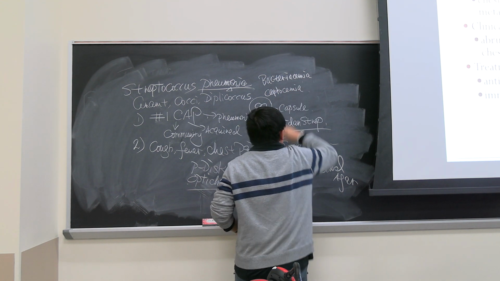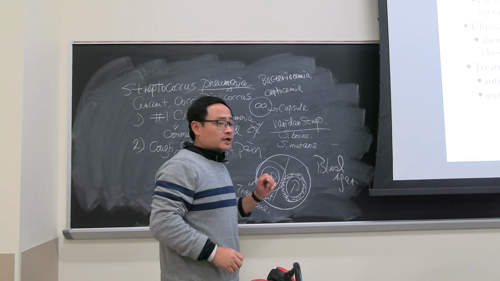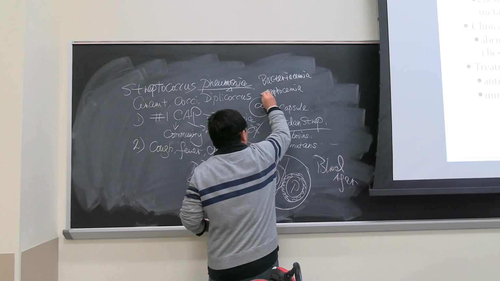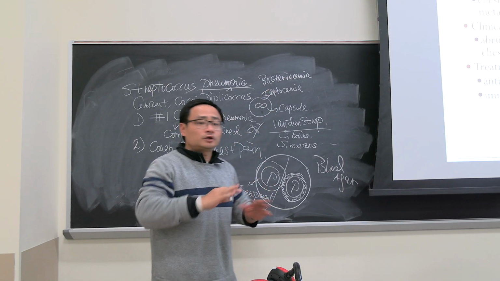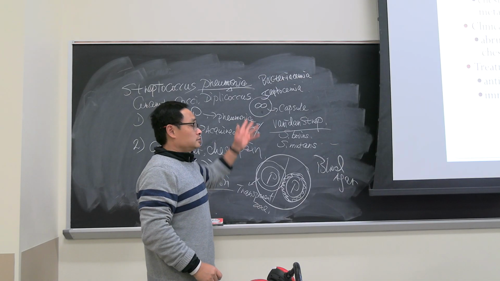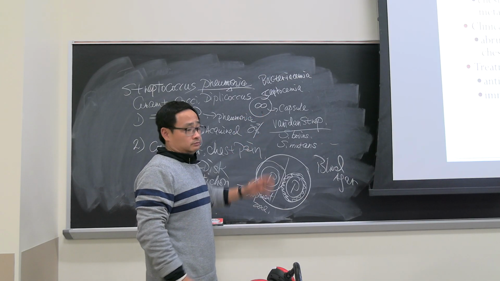What is the difference between those? Bacteremia is bacteria colonizing. Septicemia is not only colonization but also multiplication. The toxin is there, causing problems.